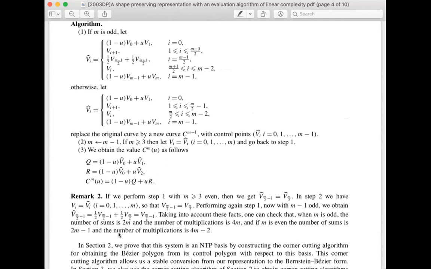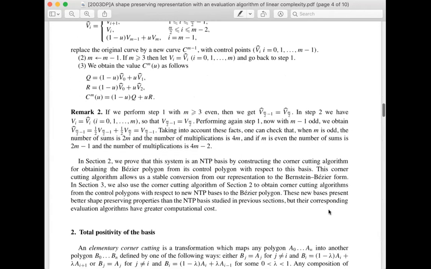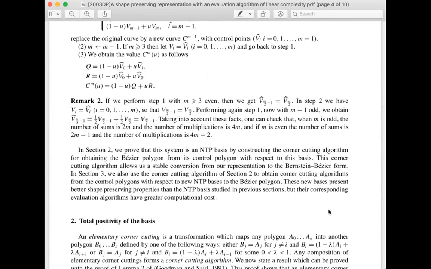They have a remark here, and then for the case of M is odd. I'm sorry, I didn't put this into the lecture slide, but this one is very important. Because M is odd, the number of sums is 2M, and multiplications is 4M, right? You can see this one is linear, 4M.